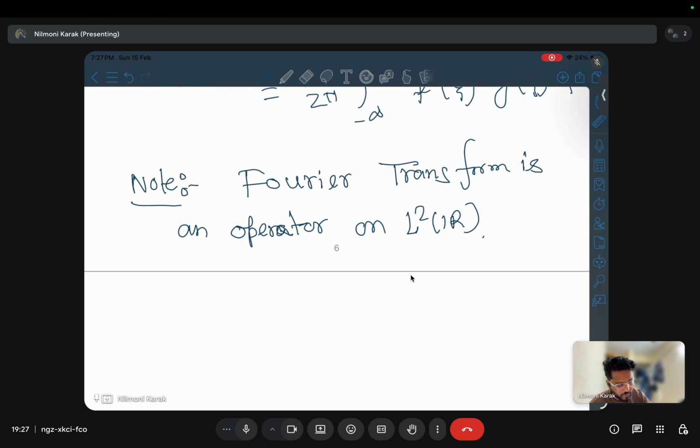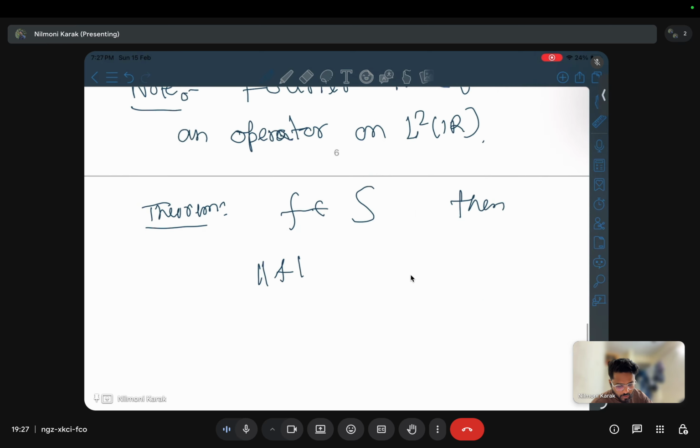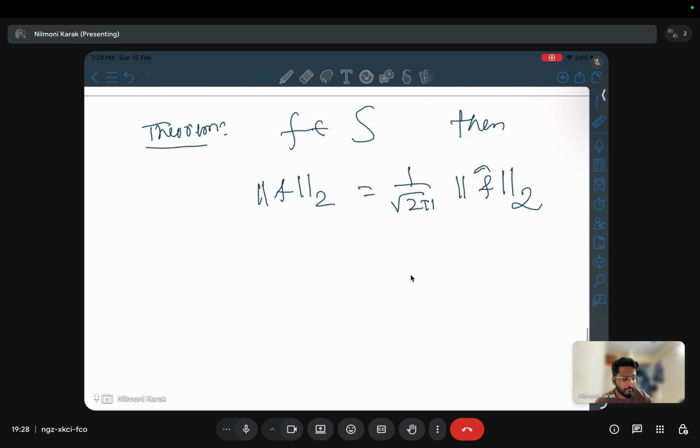So the theorem is: if f is in S, then the norm 2 of f equals 1 by root 2 pi times the norm 2 of f hat, that is, the norm 2 of f hat is the same as root 2 pi times the norm 2 of f.